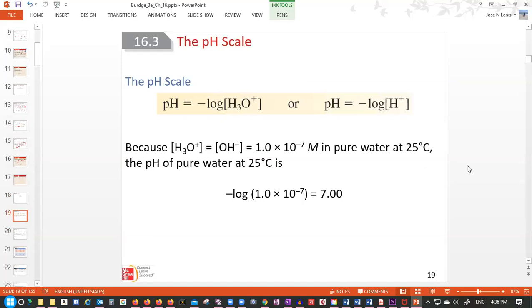pH is defined, it's a mathematical representation of that concentration. It's a way to simplify the way we write these concentrations of H plus or H3O plus and concentration of OH minus. And the pH is defined as the negative log base 10 of concentration of H3O plus.